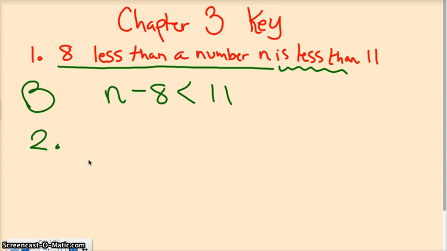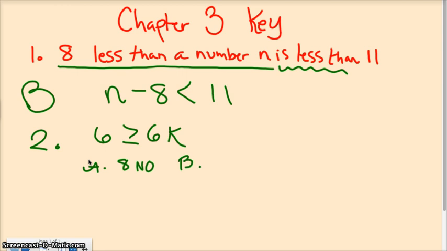2. I have 6 is bigger than or equal to 6k. And it says, which number is a solution to this? Well, all I do is solve the problem. Really, which number is a solution means plug it in and see which one is true. So A says 8. Is 6 bigger than 6 times 8? No. I already know it's not going to be. B says 18.